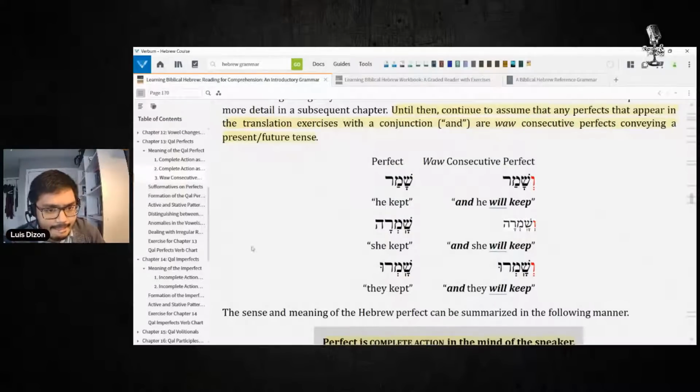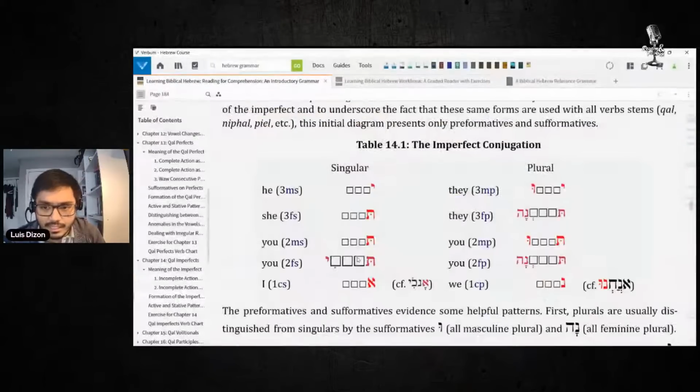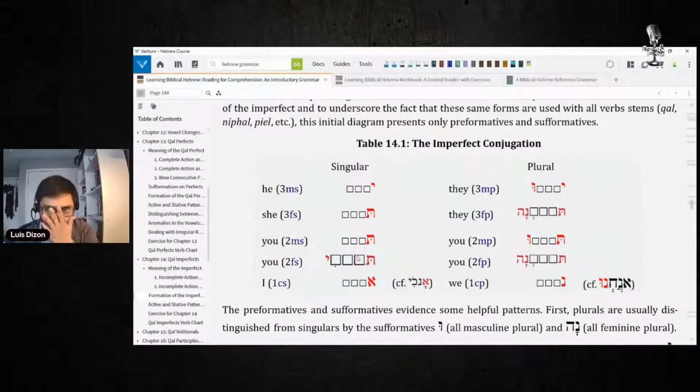By contrast, when we get to the imperfect form of a verb, here's the conjugation table for it. Notice that there's always a preformative. It can be a yod, a tav, an aleph, or a nun.